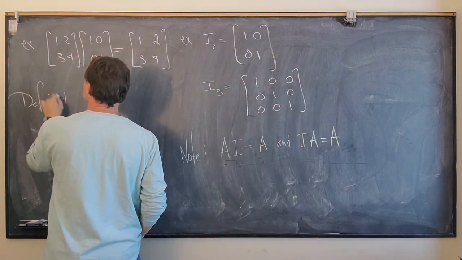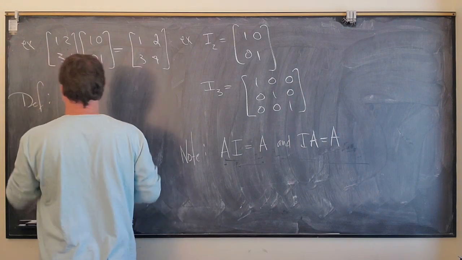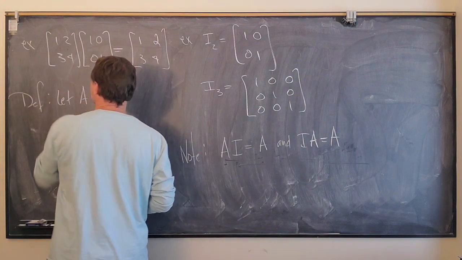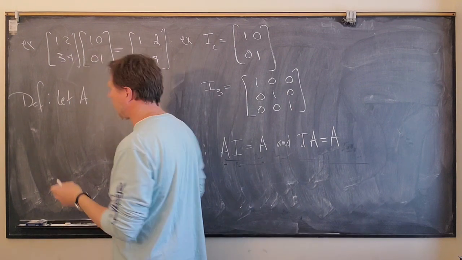Okay, so our next definition. Let A be a square matrix, let's say n by n.